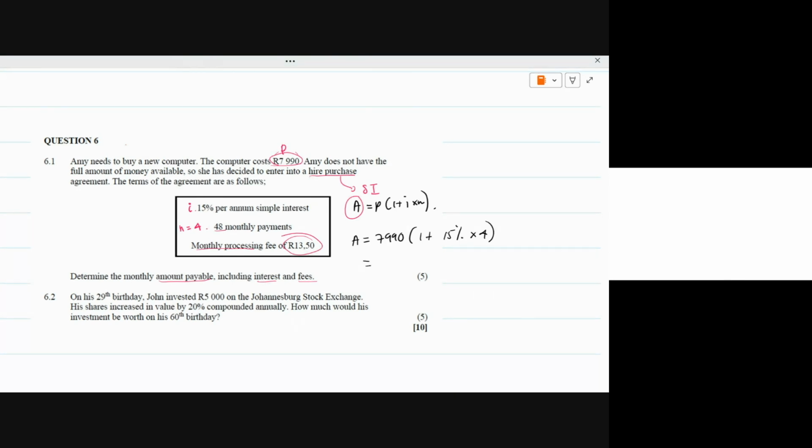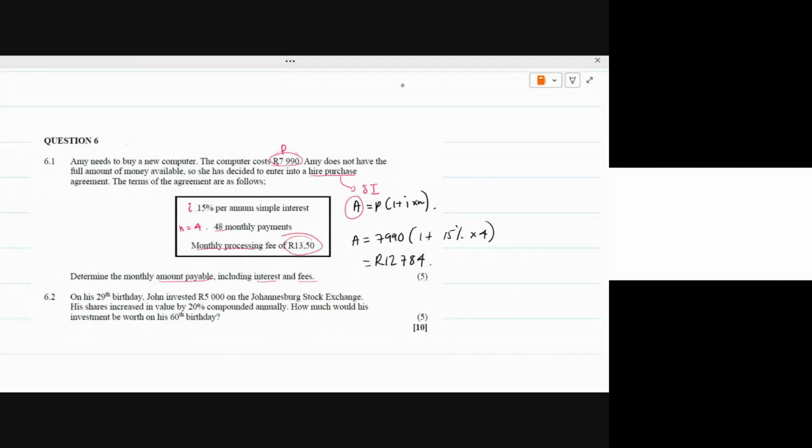All right. So in the end, I can't see your answer. I don't know what's going on with my screen. Okay, hold on. 1 plus 15% times 4. Sorry. So that's 12,784 Rand. Now, I just want to check, Abu.